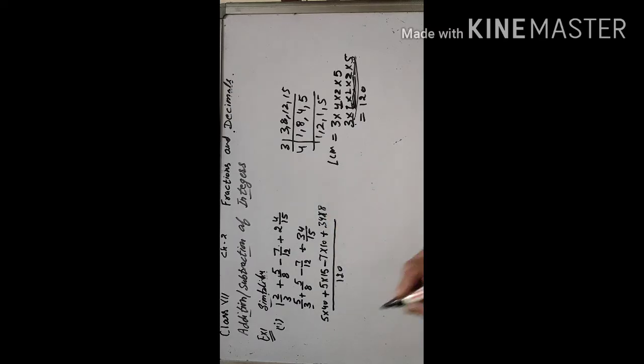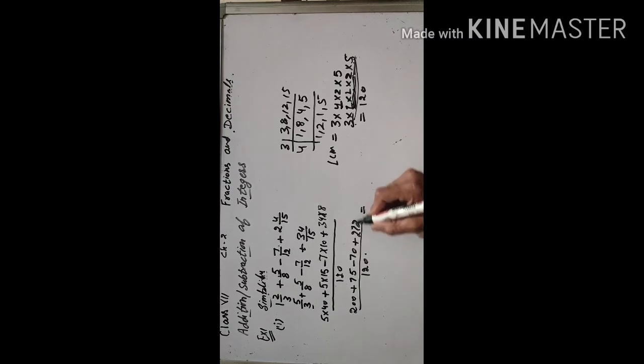Now solve this. 5 into 40 is 200, plus 15 5s are 75, minus 70, plus 34 into 8 is 272, divided by 120. When we solve it, it becomes 477 upon 120.